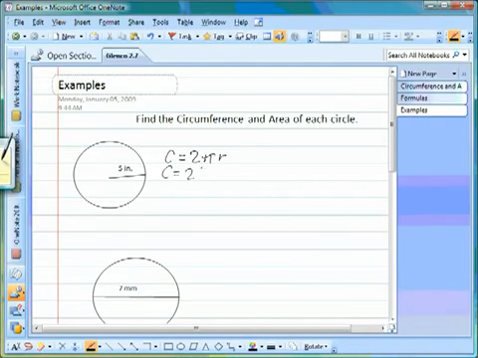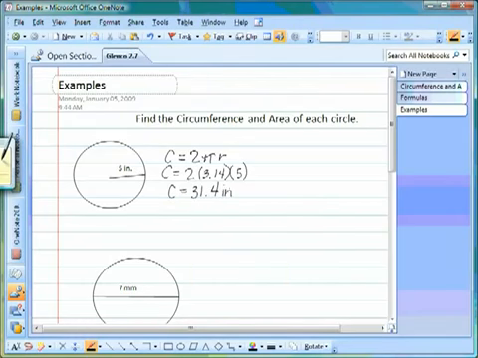We know that pi is equal to approximately 3.14, so we're going to fill in 3.14. And then we need to fill in the radius. Now they give us the radius in the picture, so we don't have to do any calculating to figure that out. Our radius is 5. And when we multiply those together, we find that their circumference is equal to 31.4. We need to put a label on our answer, and our label is inches.